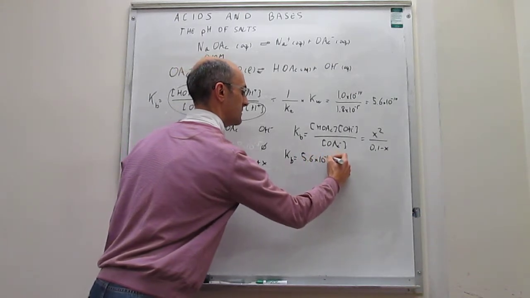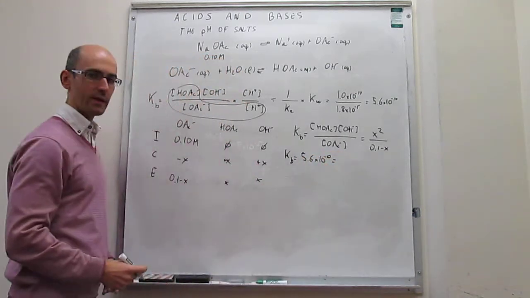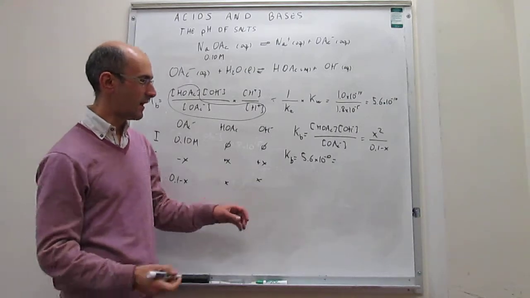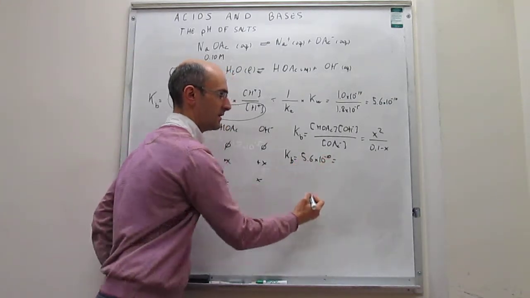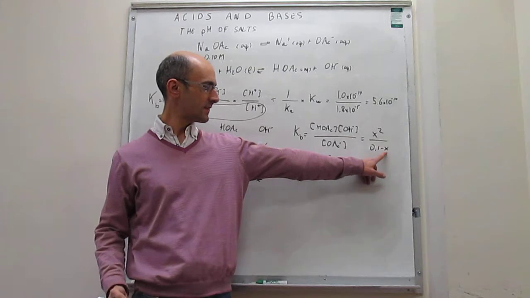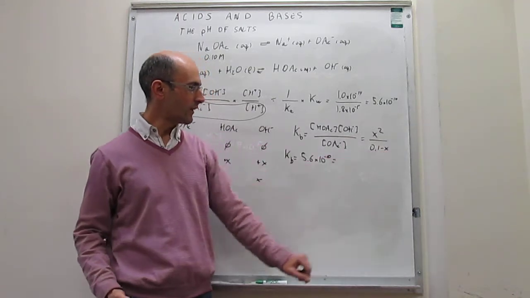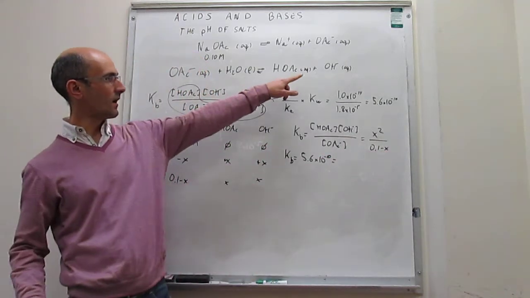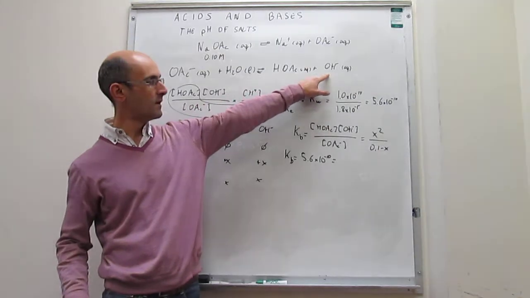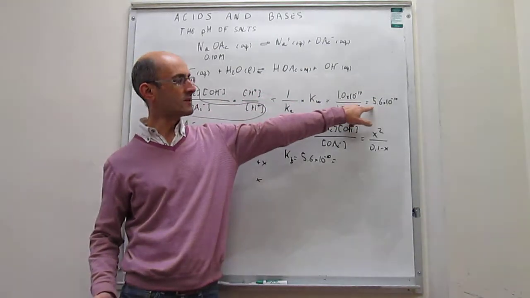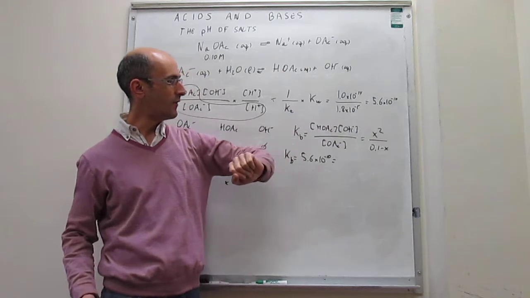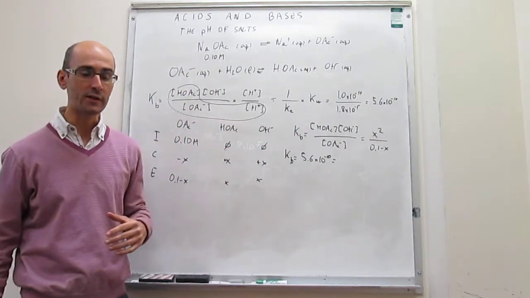and K sub B is equal to 5.6 times 10 to the minus 10. Here we can use an approximation that is quite legitimate. We can neglect x versus 0.1, because x is the concentration of hydroxide at equilibrium, and since we know the equilibrium constant is so small, we assume x is quite small as well.